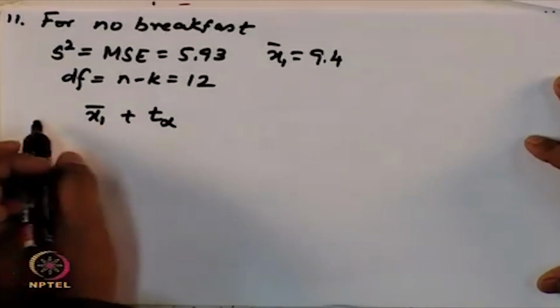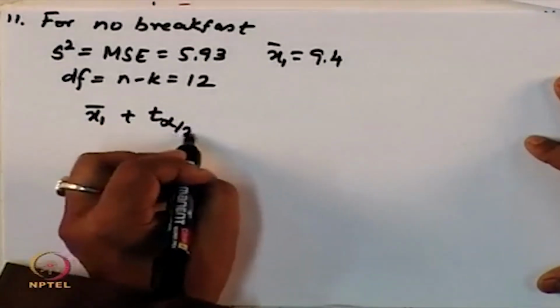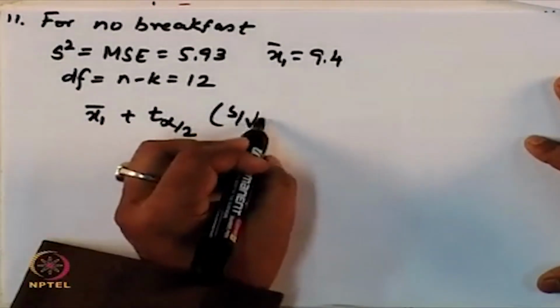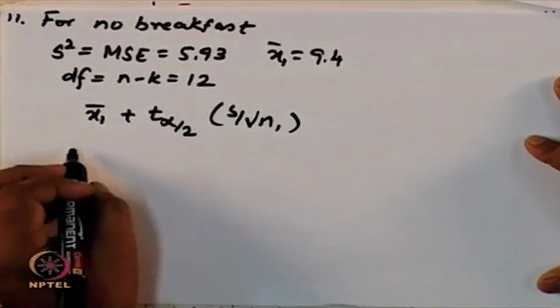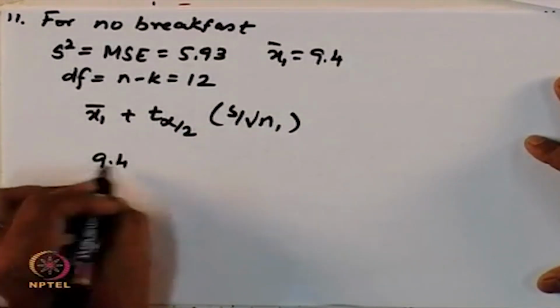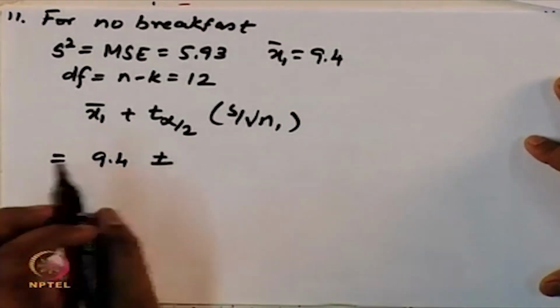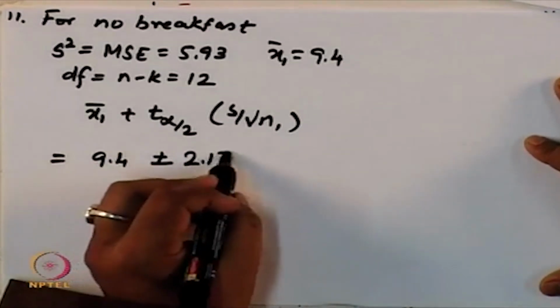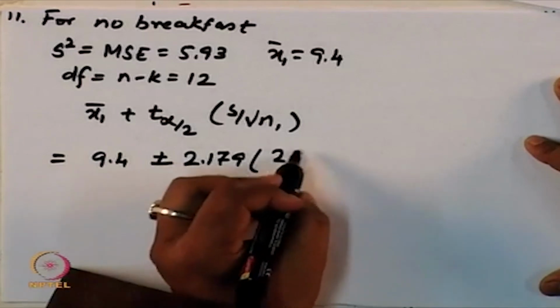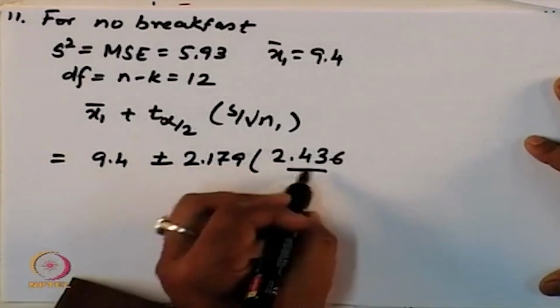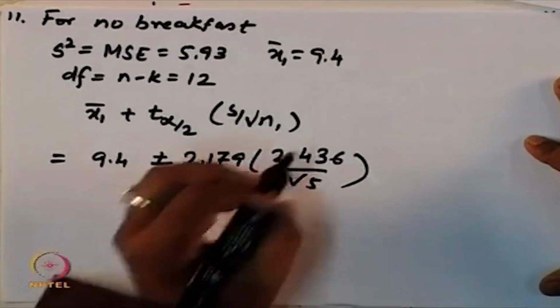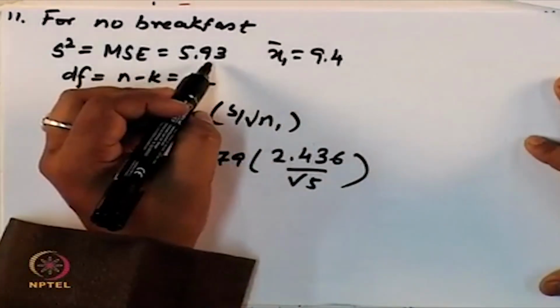So, you can calculate the confidence interval as 9.4 plus minus 2.179 into 2.436 by root of 5. So, this is square root of 5.93.